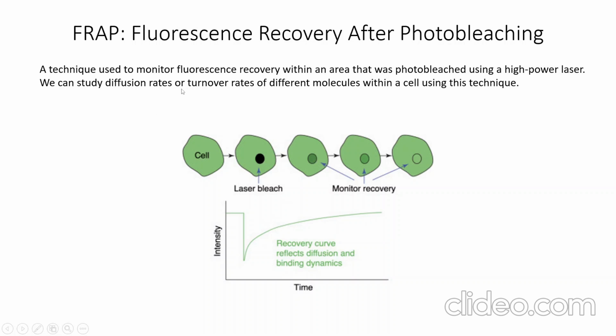But what it tells you about diffusion rates, or turnover rates, is whether something is recovering fast or turning over, in the sense of proteins at the surface that you have bleached: are they being replaced fast, or slowly, by other proteins coming in from within the cell and being presented on the surface all over again.